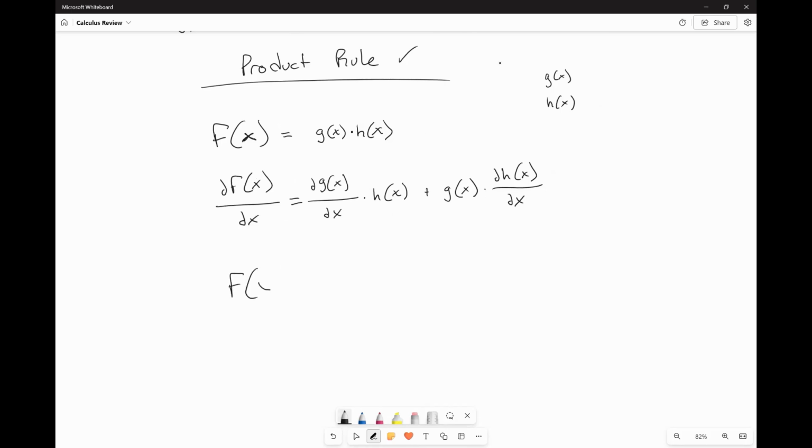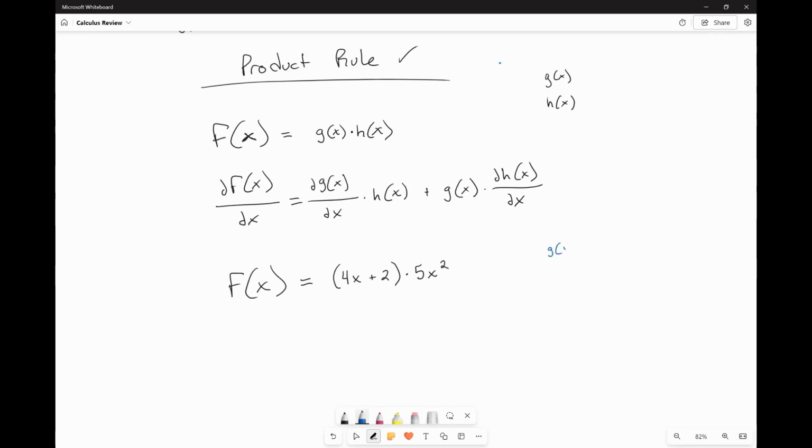All right, so here's an example. Here's f of x, and let's say we have some function, let's say 4x plus 2, and this is multiplied by 5x squared. So we have two functions. What are those functions?